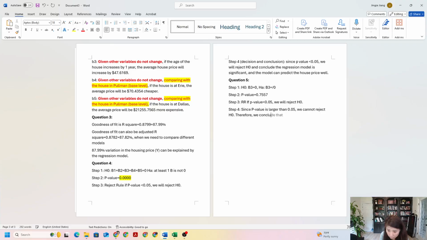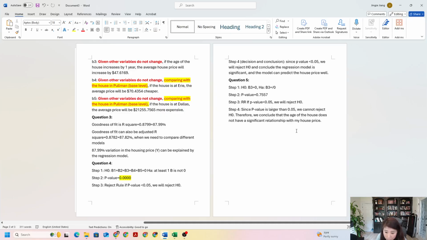Therefore, we conclude that the age of the house does not have a significant relationship with my house price. Since we cannot reject, the variable x3, which is the age, has no significant relationship.